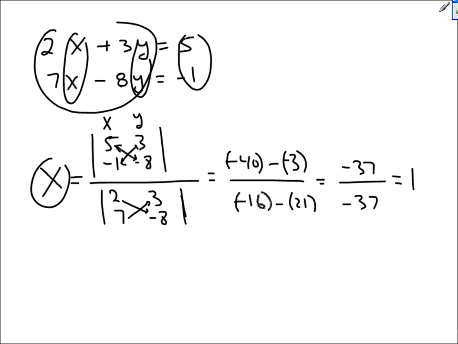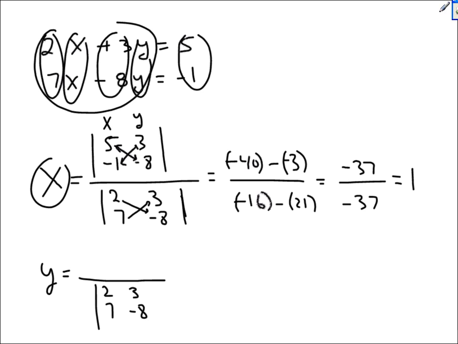X is 1. If you wanted to find y, the bottom determinant is just the coefficient matrix, 2, 7, 3, -8. We just did that one right above, and we got -37.